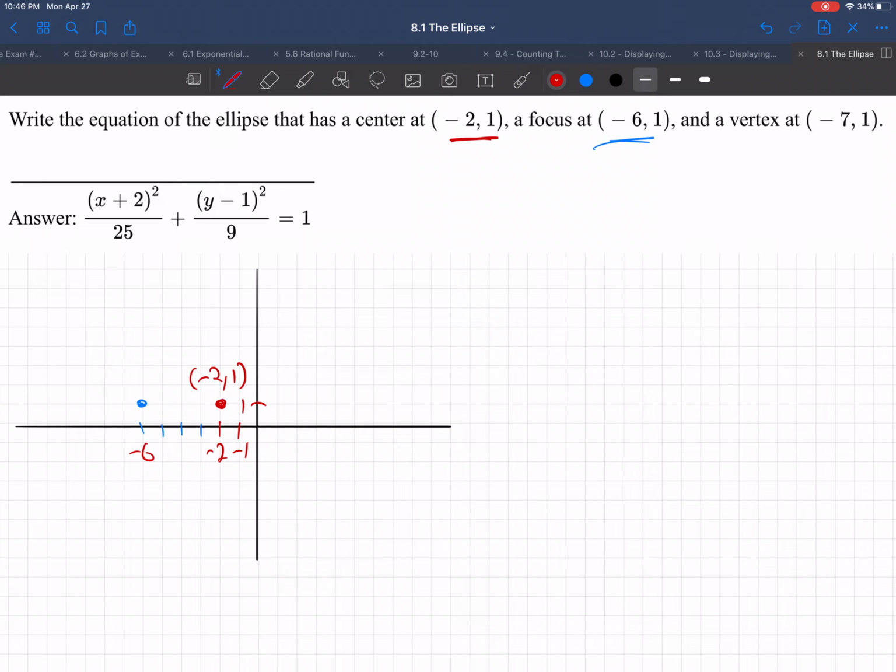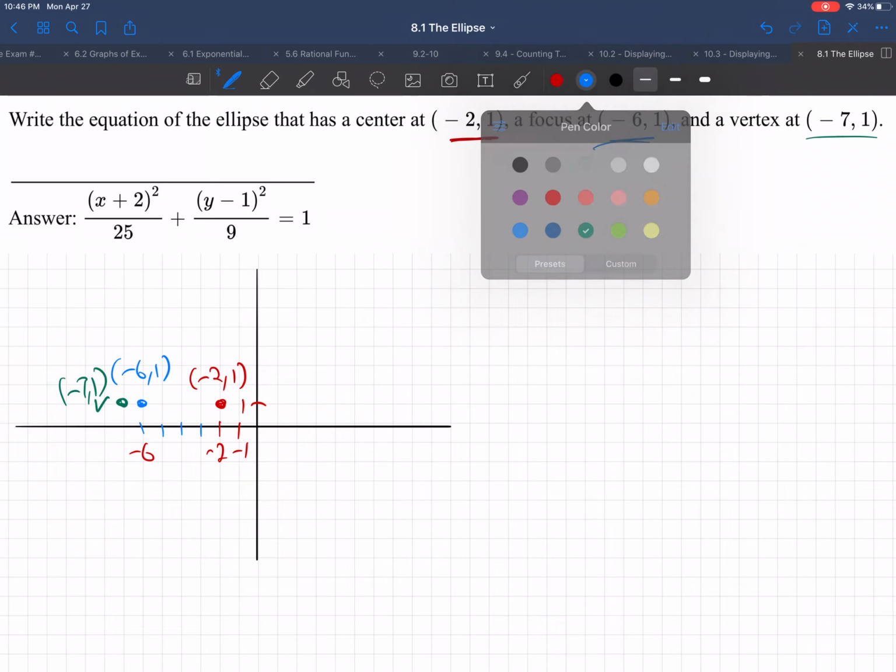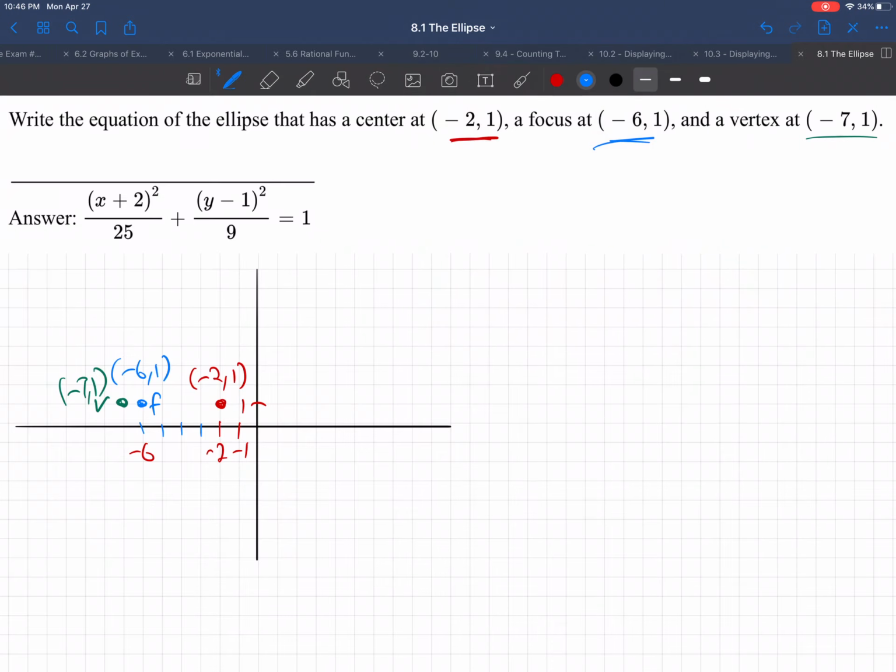This is minus 6. So this is the point minus 6, 1. And this is a focus point. And then finally, it has a vertex point at minus 7, 1, right here. So this is a vertex, and this minus 6, 1 is a focal point.